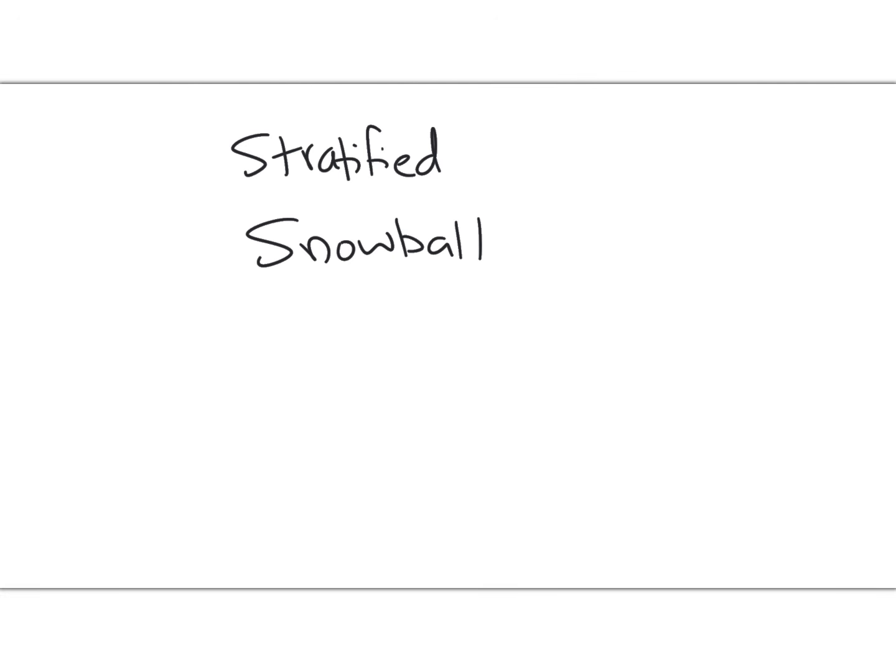For example, I want to select students from 4 different schools: School A, School B, School C, School D. I've set a limit that I want 20 students from School A, 15 from B, 10 from C, and 5 from School D. So I've set quotas for each of these different strata, each of these different schools from where I wish to select my participants. So this is stratified sampling.